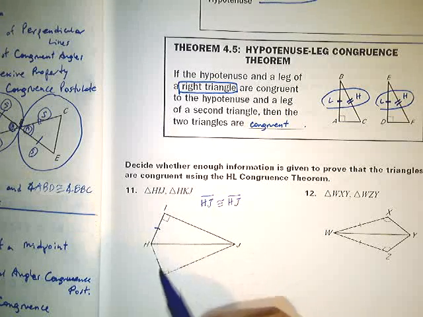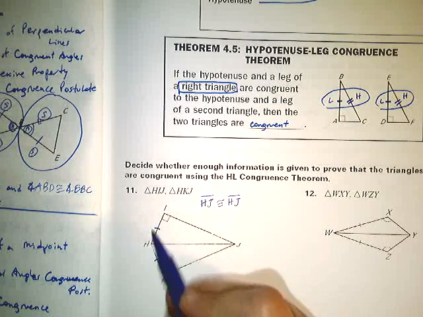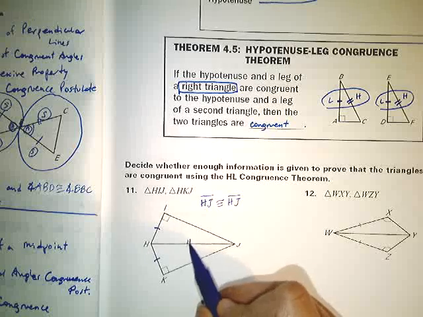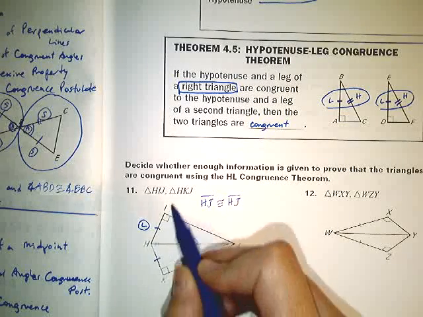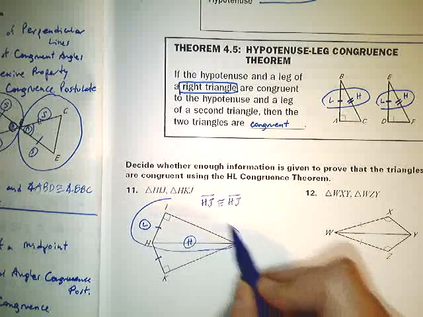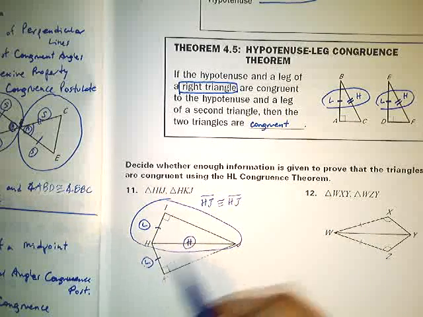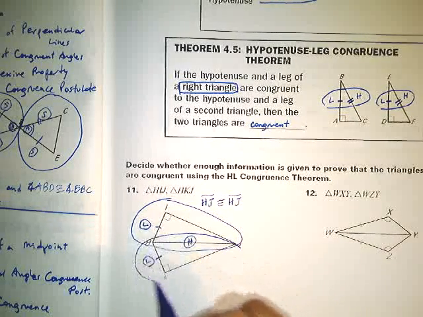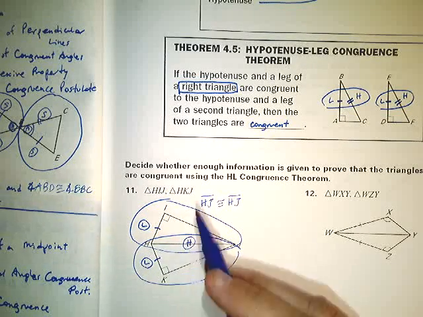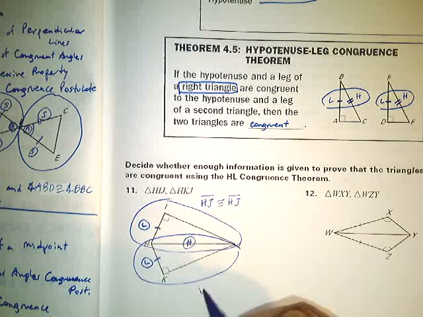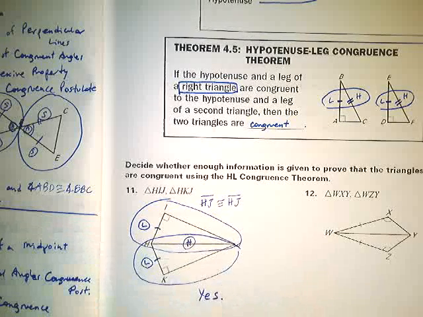Well, the leg here and the leg here are congruent, so we have leg-leg. So on the top triangle, we have hypotenuse leg, and on the bottom triangle, we have hypotenuse leg. So, can we prove that these two triangles are congruent by hypotenuse leg? Yep.